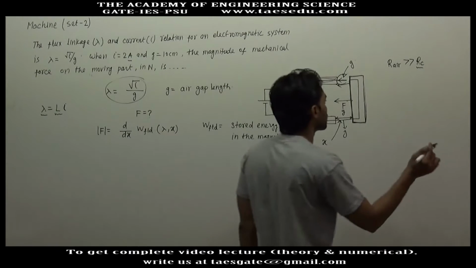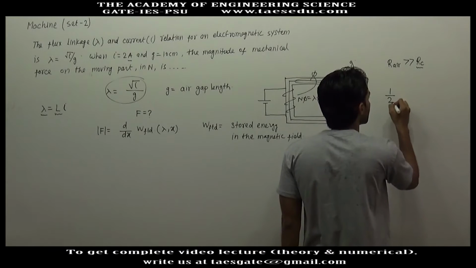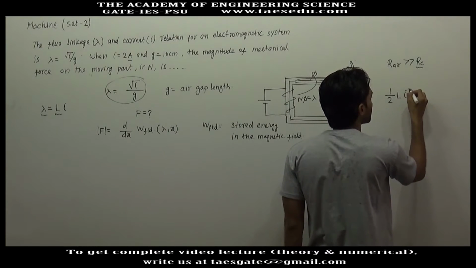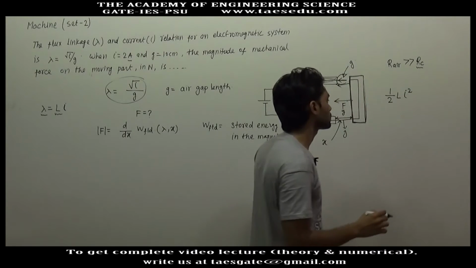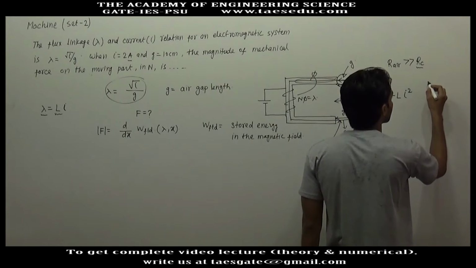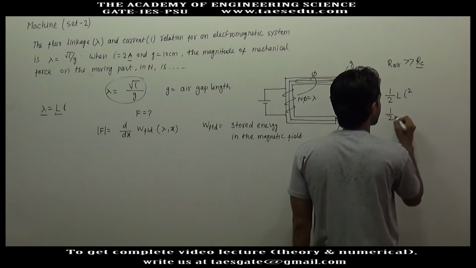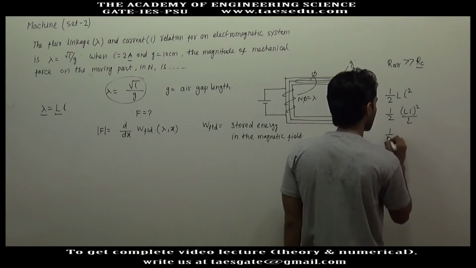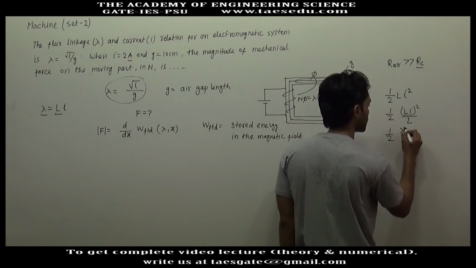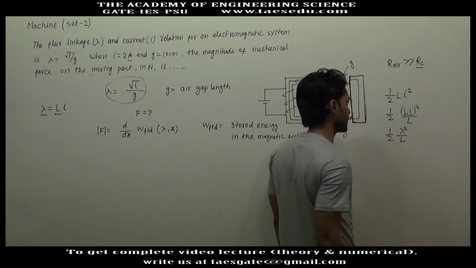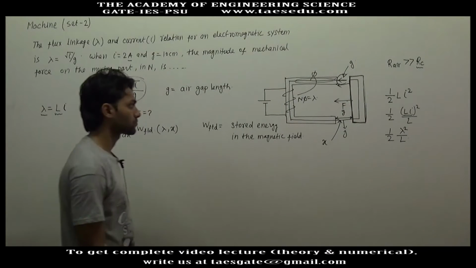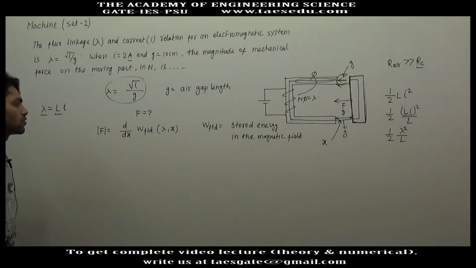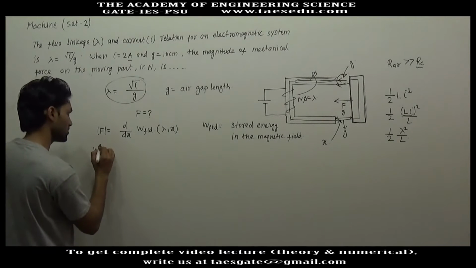In a simple system, what we have studied, the stored energy in an inductance is half L i square, or this can be written as half L i whole square divided by L, or half lambda square by L, where L is constant. But in this case, to find out the total stored energy, we will use this formula.